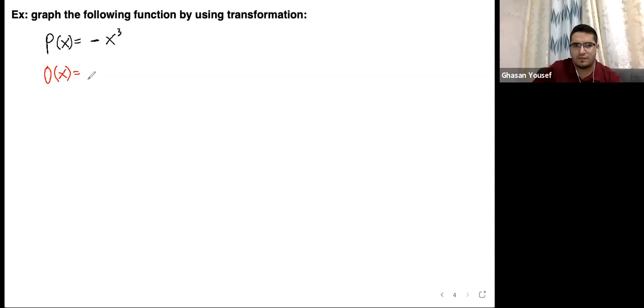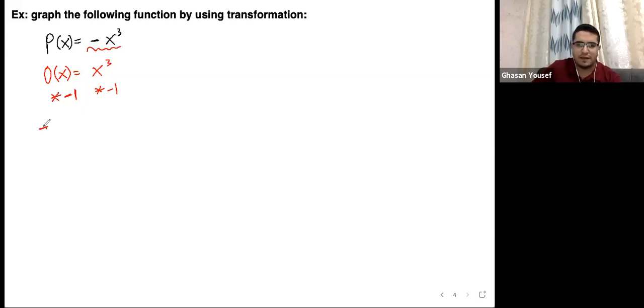Yes, function. Now I have to modify this function to make it similar to this. What should I do? I have to multiply by what? By -1, exactly, thank you. So I have to multiply both sides by -1.